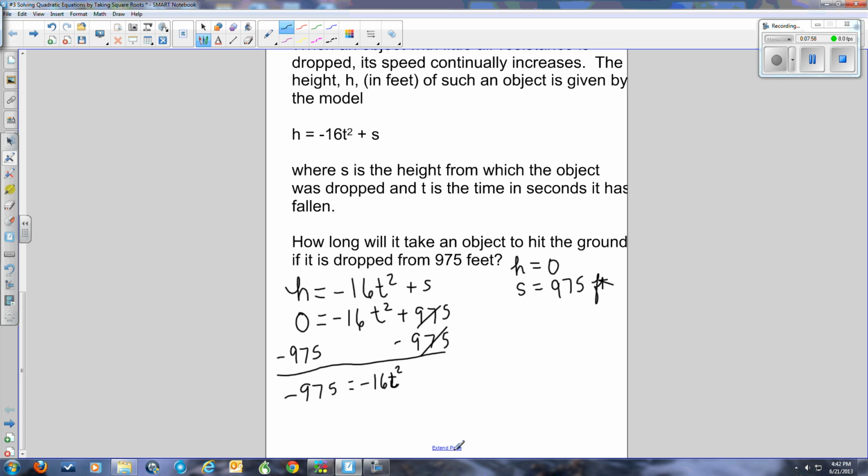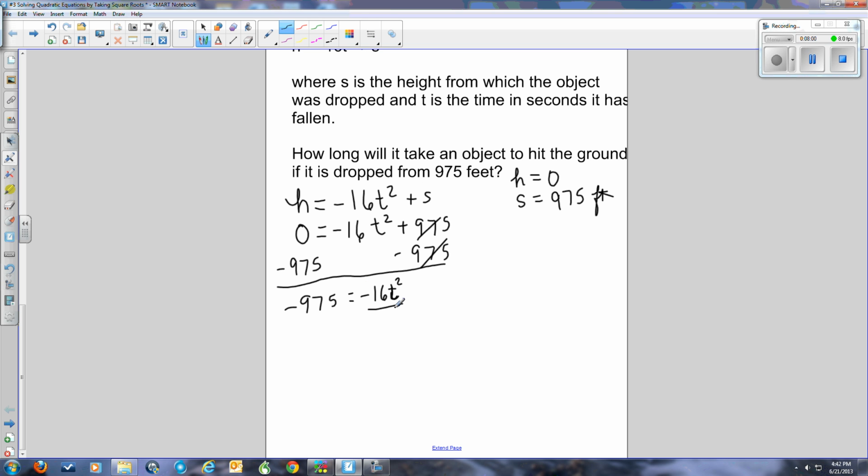Okay, now to solve for t, we want to divide each side by negative 16. So we have t squared equals, well, negative divided by a negative is a positive, 975 divided by 16.